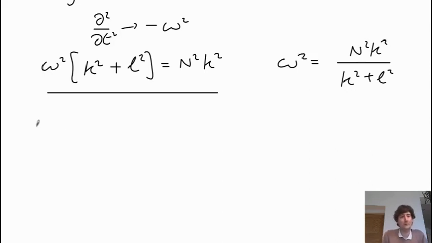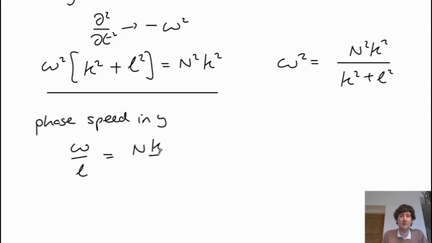So in y, we can work out the phase speed. Phase speed in y is just omega over l, and so we have an N, a k over l, and then 1 over square root of k squared plus l squared.